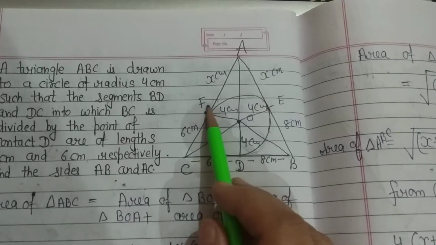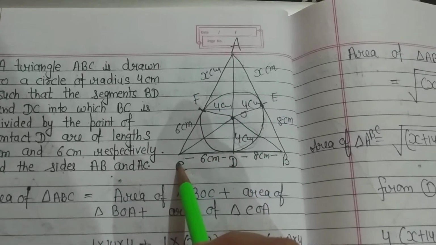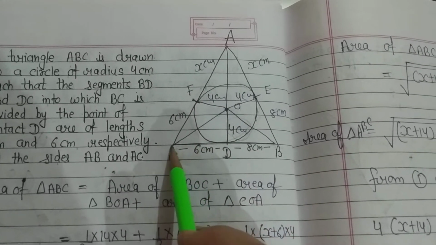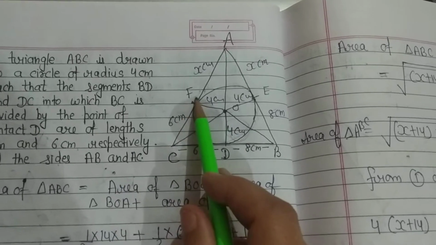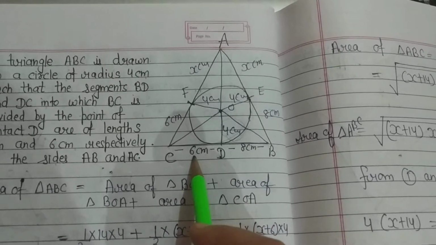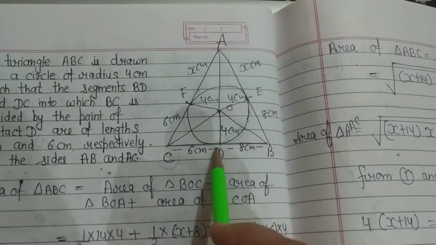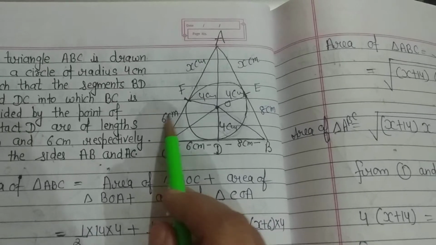These are E and F. Now for the circle, C is an external point. So CD and CF are the two tangents, and we know that the tangents drawn from the external point to the circle are of equal length. So it is 6 cm, 6 cm.